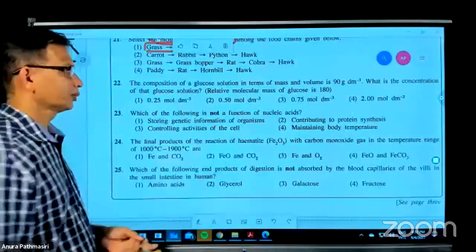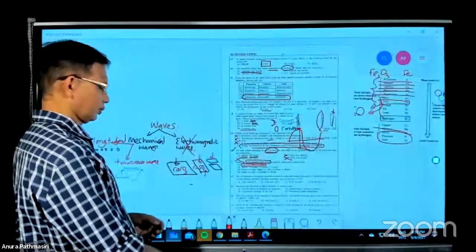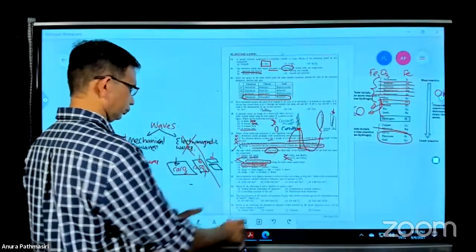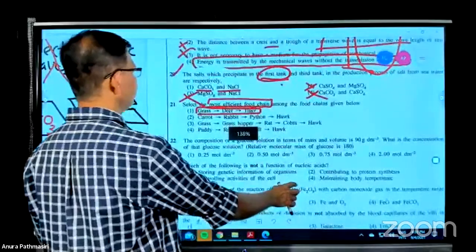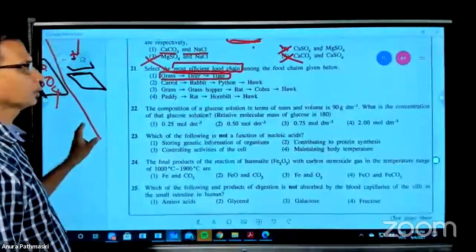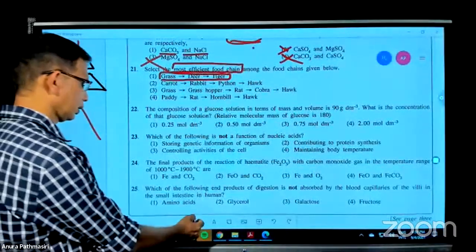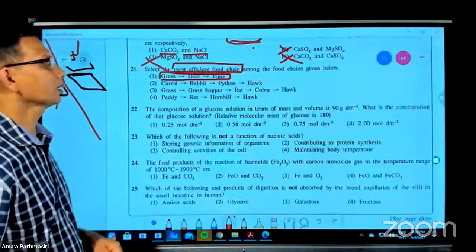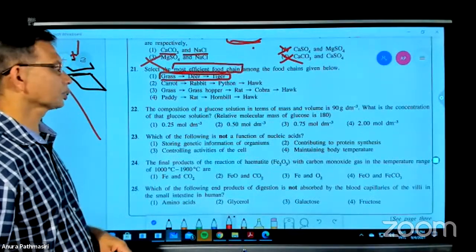And what's the answer? What's the concentration of that one?